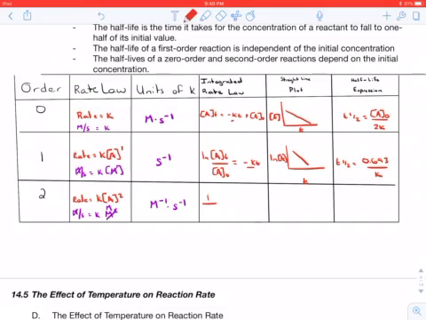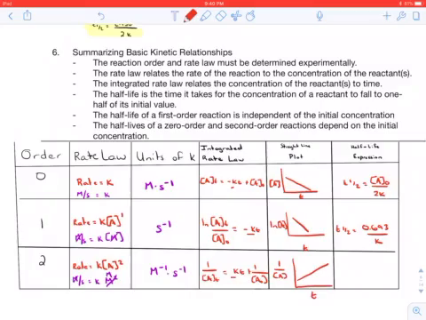Our integrated rate law, this is where we have our fraction. 1 over A sub t is equal to positive kt plus 1 over A sub 0. So here, our straight line graph will be 1 over the concentration of A versus time, and it will be a positive slope because K in this case is positive.